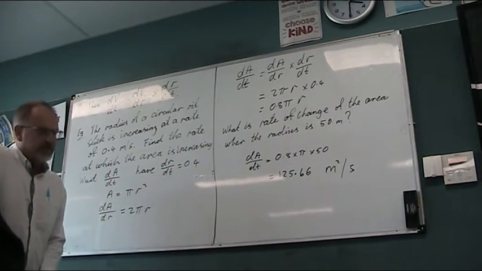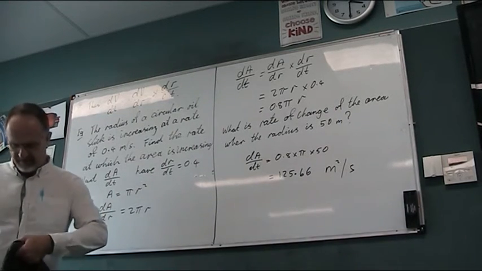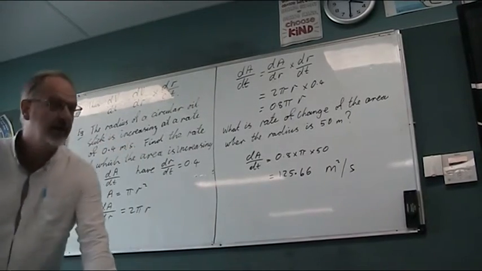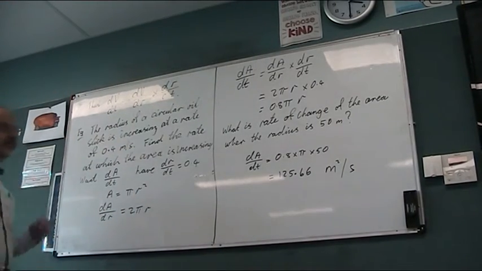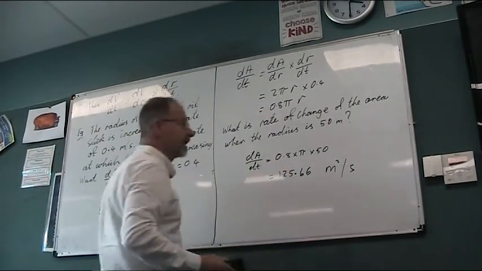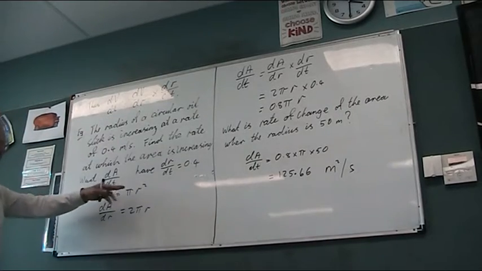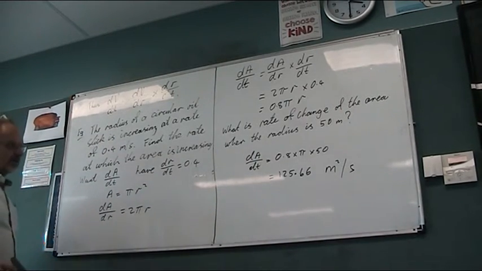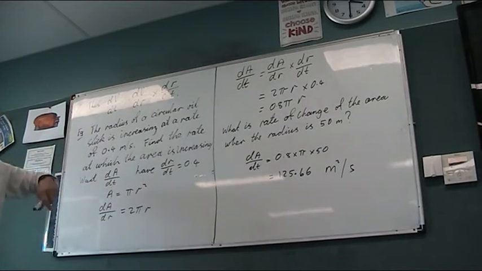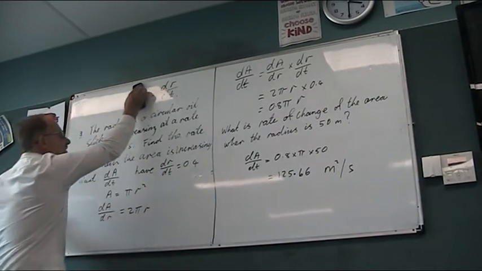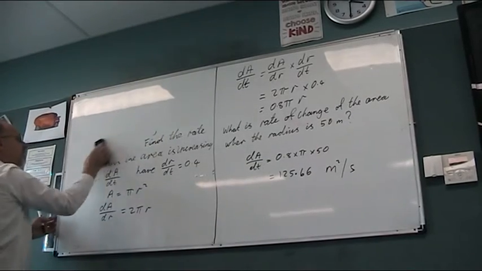All right, we can use a similar thing if we're doing parametric equations to what we did here with related rates. With parametric equations, remember we have another third parameter, and in this case the third parameter was time. So we can use the same technique if we've got parametric equations. I'll show you how we do that.